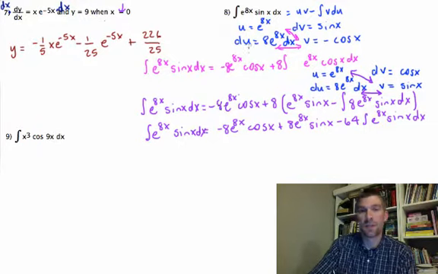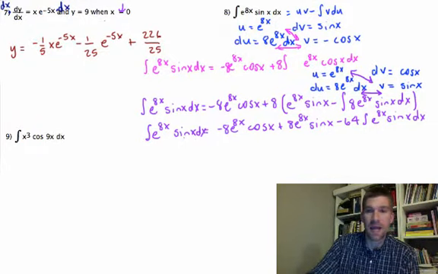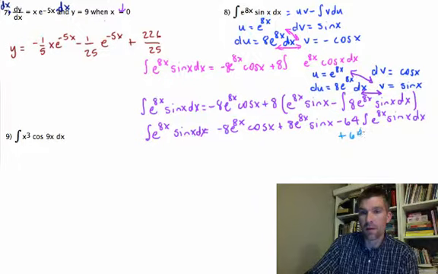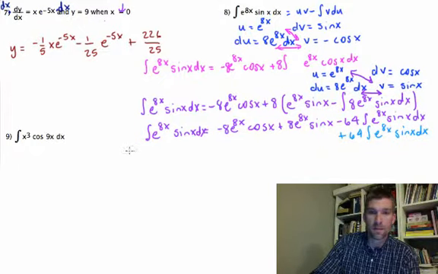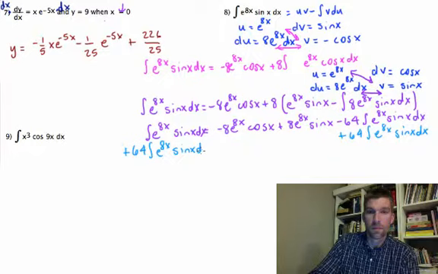All right. And since it equals that guy, what I can do is add 64 integrals of e^8x sine x dx to both sides. And so what that gets me for my final answer then is something that looks like this: 65 times the integral of e^8x sine x dx.